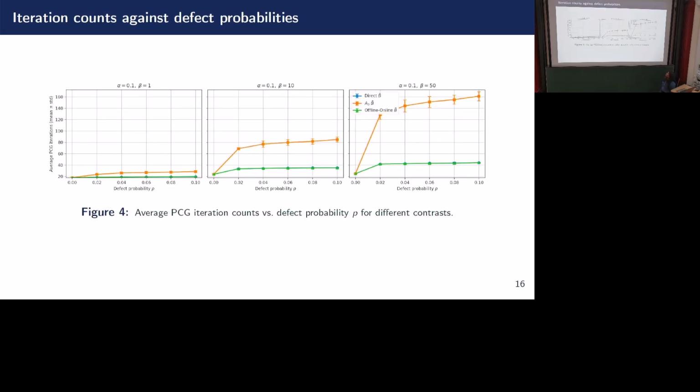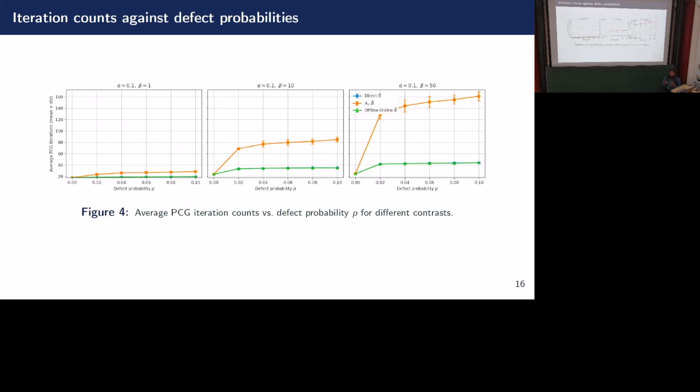So, some numerical experiments. Here we used the sin(pi x) sin(pi y) right-hand side, and we considered the average PCG iterations against varying defect probabilities. We compared our method with two reference methods.